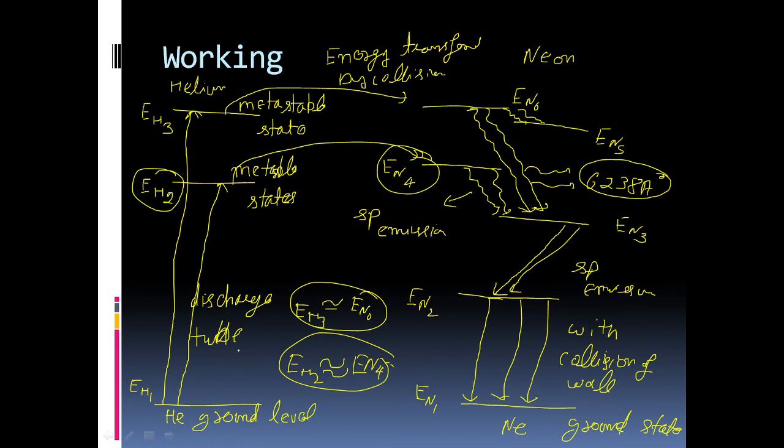And the laser action is possible between En6 and En3. So this is called the upper lasing level, and E3 is called the lower lasing level.